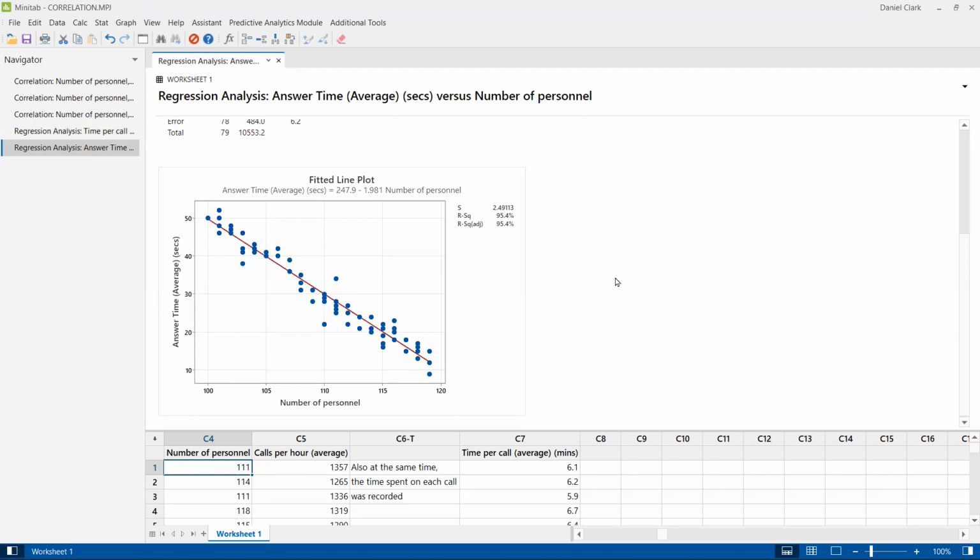Well, if I do nothing else with this process, don't change any other of the methods or any of the equipment or anything else, but I just add more personnel, I can continue to bring down that answer time. So it tells me if I need to achieve a certain answer time, how many people I would need to throw at that process. Again, that's assuming that I don't make any other changes to the process.